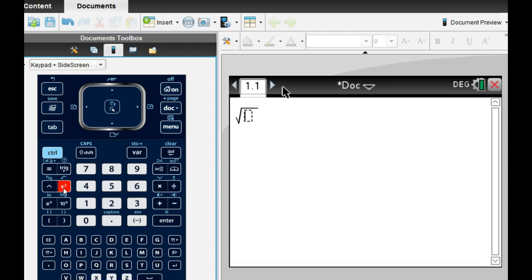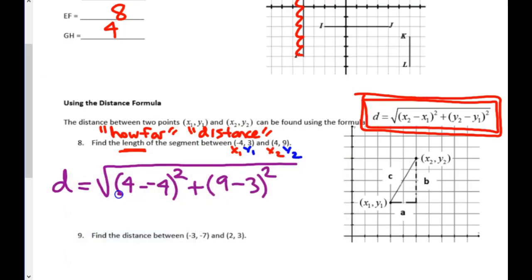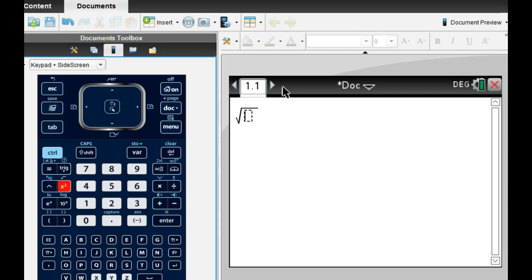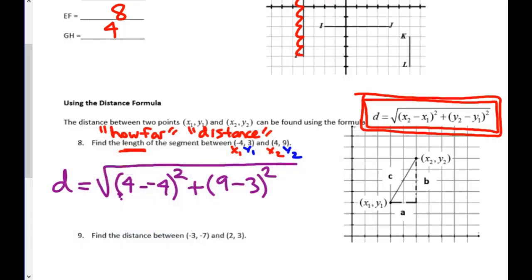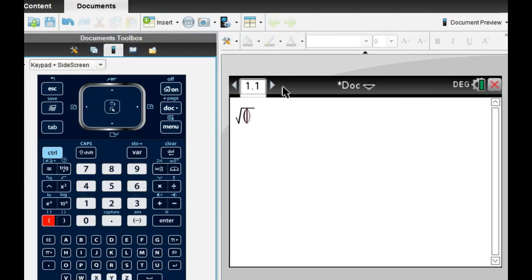Square root. Now, what's next in our equation? Before 4, it's a parentheses. Okay? So let's type parentheses over here off to the left. And now we're going to type our numbers, right? It's going to be 4 minus negative 4. So does everyone know where the minus sign is? Off to the right, and the negative sign over here further to the left, okay? Those are different.